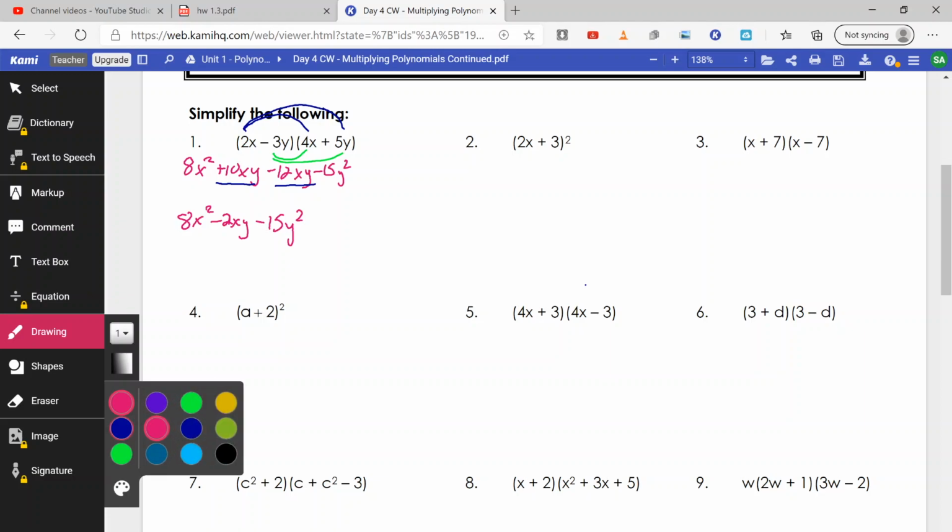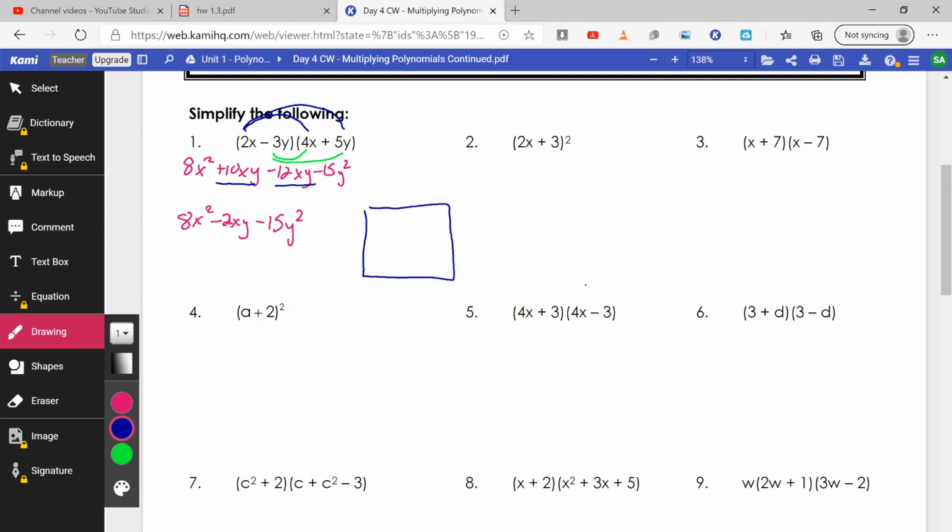If I were to use the box method, I would write out a box. I got 2x minus 3y and I got 4x plus 5y. I'm going to do the same thing. 4x times 2x gives me 8x squared. 4x times negative 3y, negative 12xy.